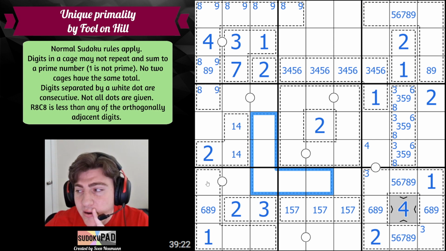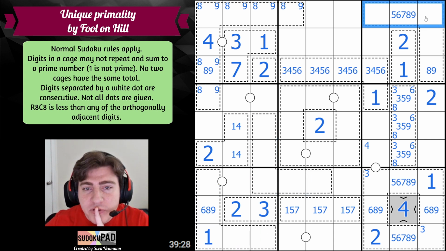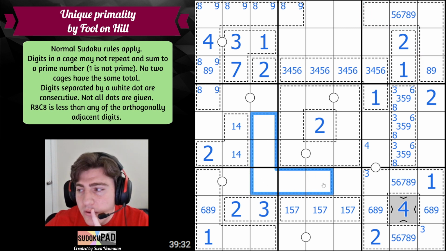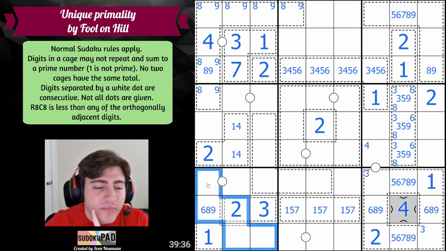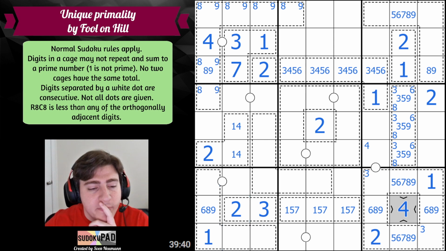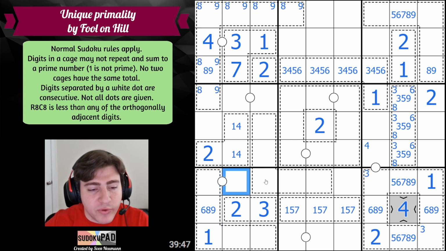And then, well, can you make 31 with 1 here? So maybe it's really a fight between these two cages to claim 31. So 1 means we need to make 30. 30 is actually really easy. It's 6, 7, 8, 9. It's our maximum. So if this was a 6, 7, 8, 9, then this would have to be 6, 5 with 4 here.